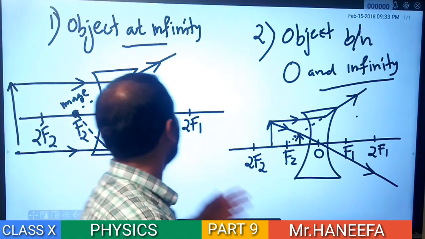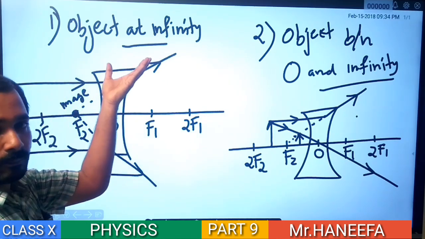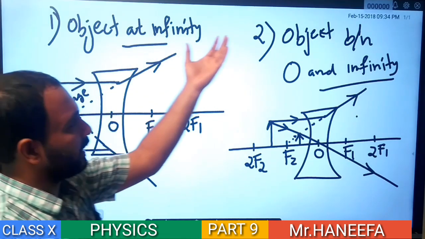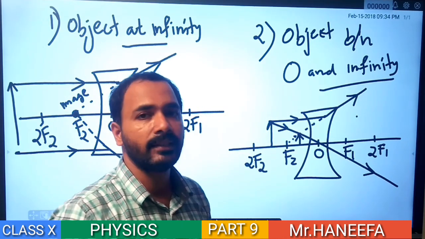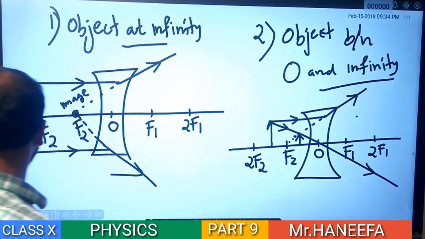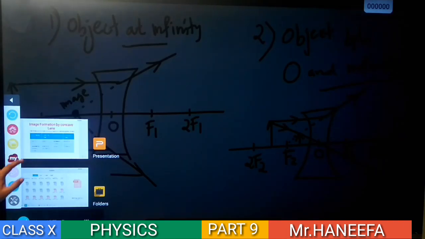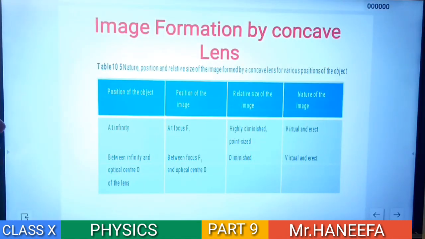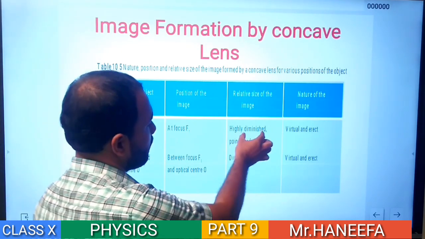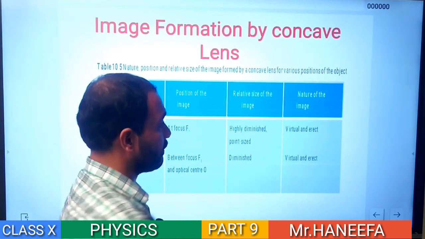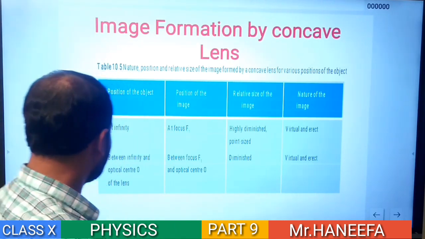First case, object is placed at infinity, image is formed at the focus, highly diminished and point sized, virtual and erect.